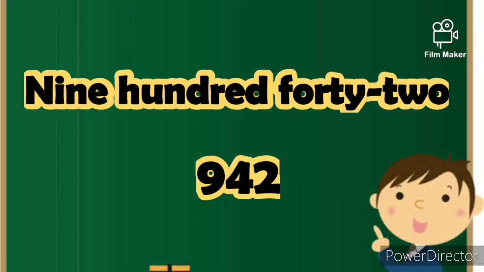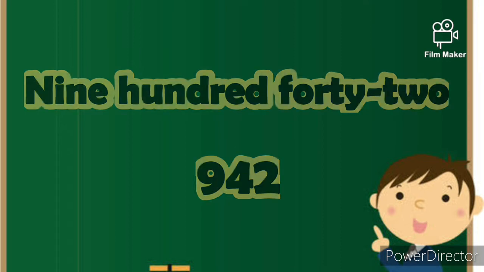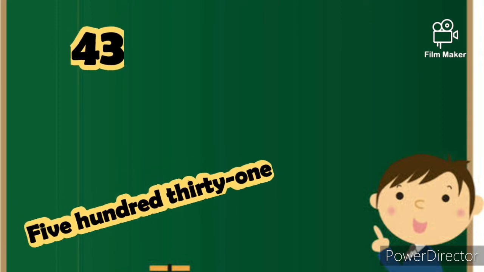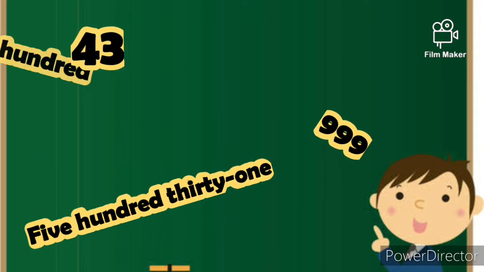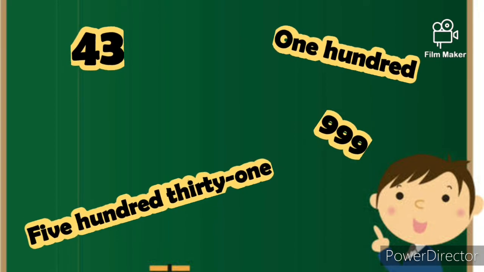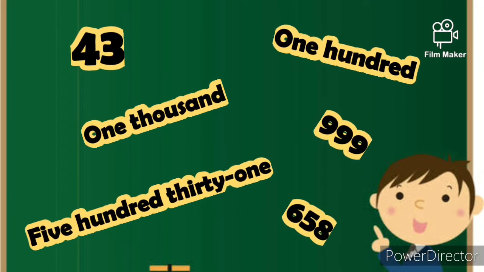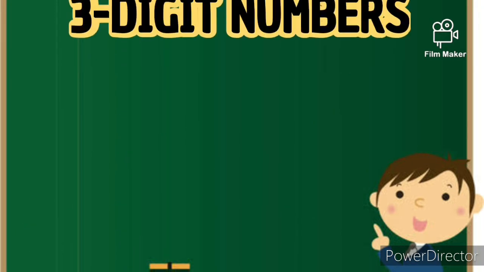So, you can write down the number 942. In this way, you can write down the spellings of any number by looking at the digits, or you can write down the number by looking at the spellings and writing it in digits.